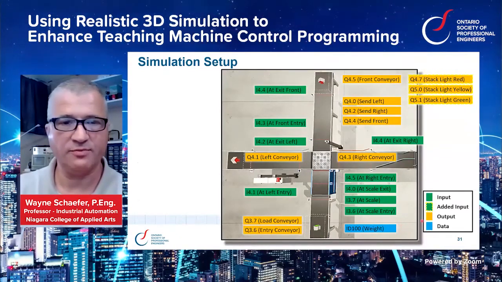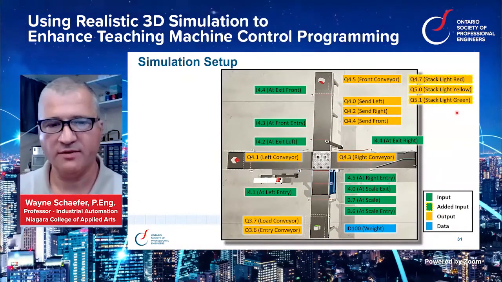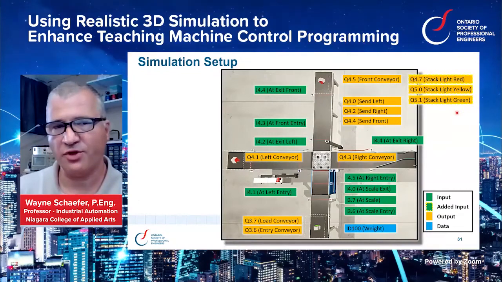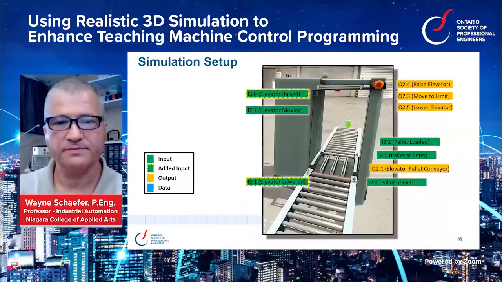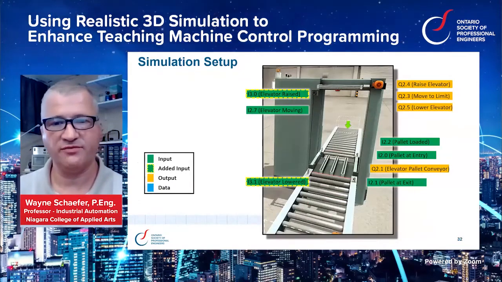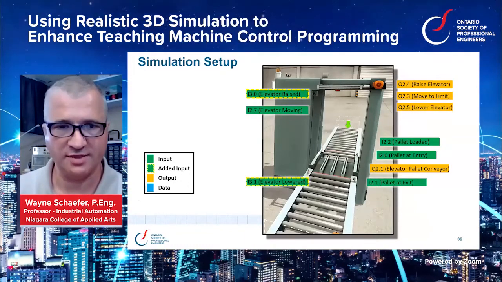Now I've highlighted the extra inputs up here that I added, which were beyond the basic scene that I brought in from Factory IO. So a lot of this is done for you, and you just add what you need as you go along. The elevator portion I've tried to simplify here attaches to the end of that transport conveyor. It raises the pallets and allows the boxes to be stacked on these pallets.